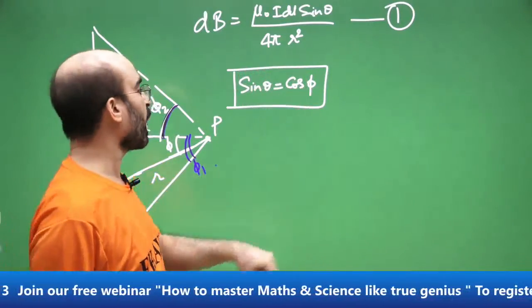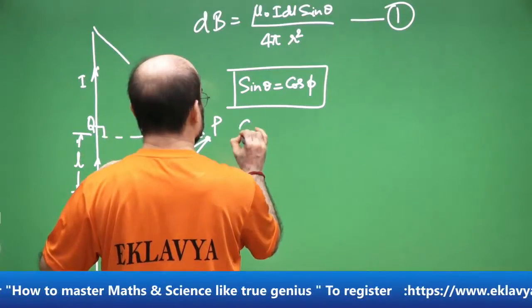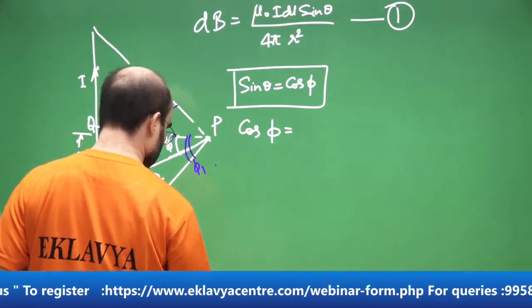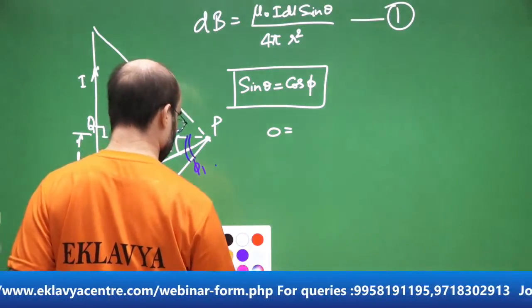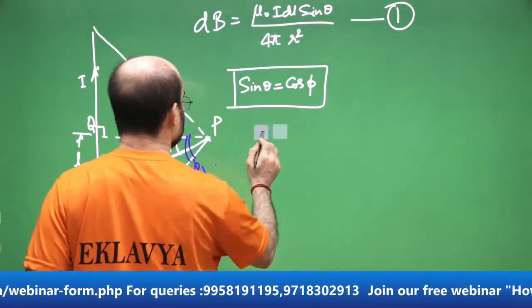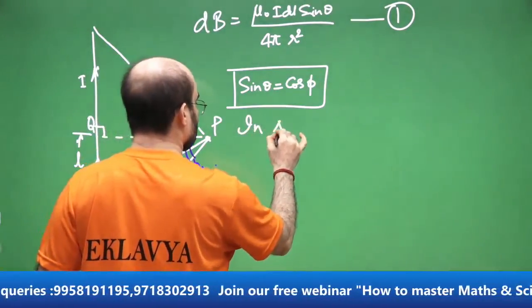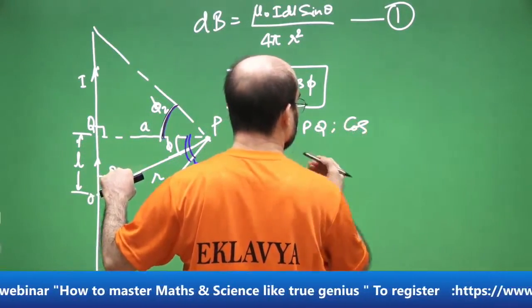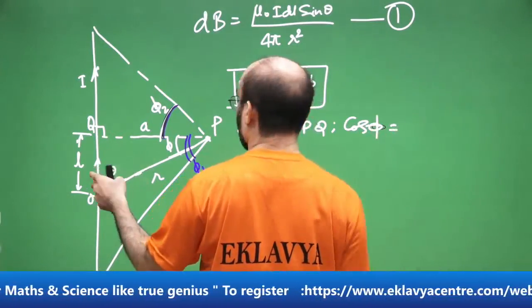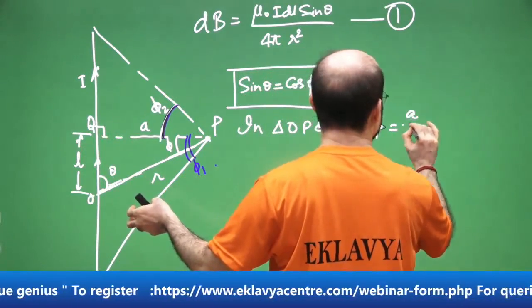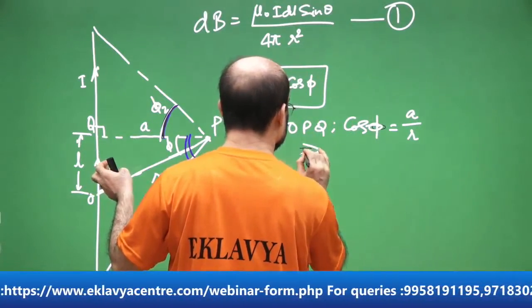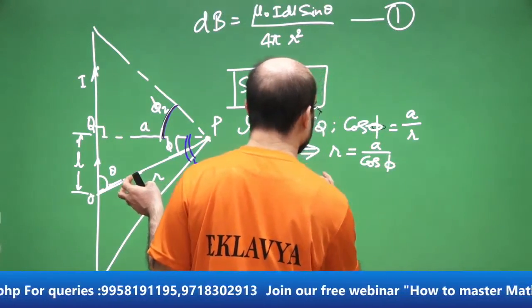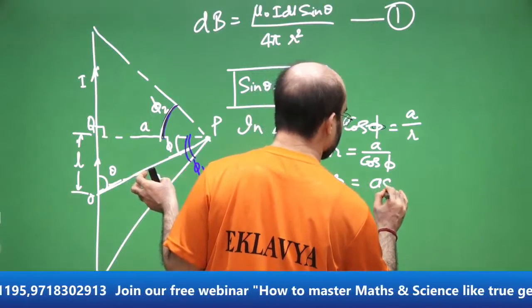Further, in triangle OPQ, cos phi equals A by r. So r equals A by cos phi, that means r equals A sec phi.